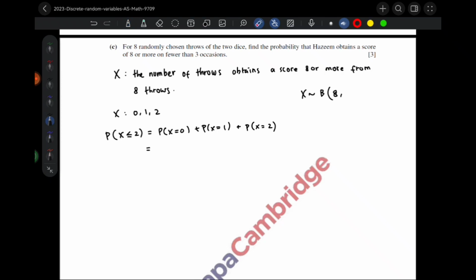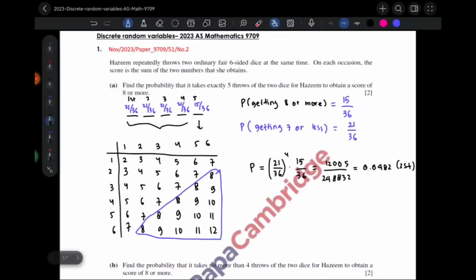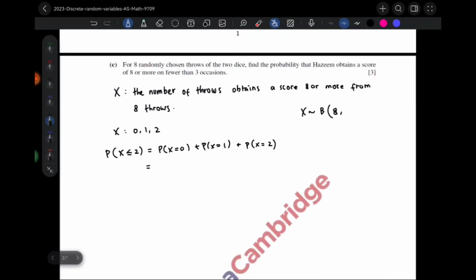Success in this question means you got 8 or more, so the probability of success equals the probability of getting 8 or more. So p equals 15 over 36.